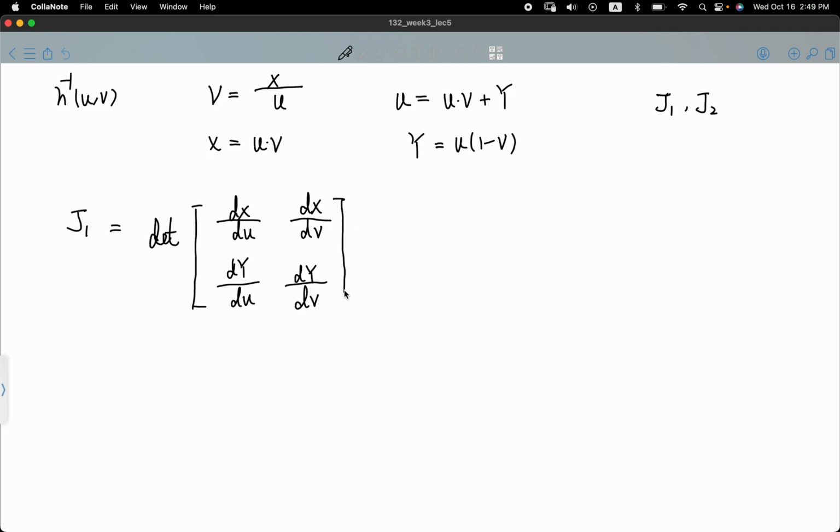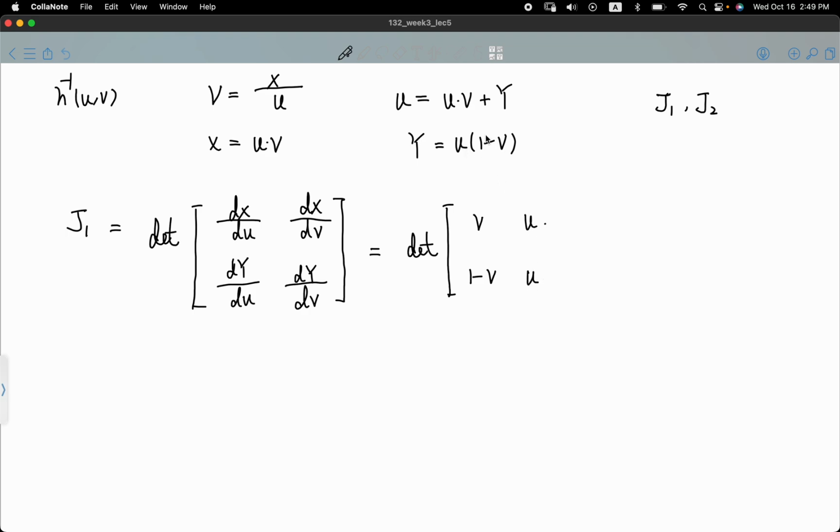Okay. And now let's calculate each of the terms here, the determinant of a 2x2 matrix. So here dx du is just v, and dx dv should just be u, and then dy du should just be 1 minus v, and then dy dv should just be one copy of u.